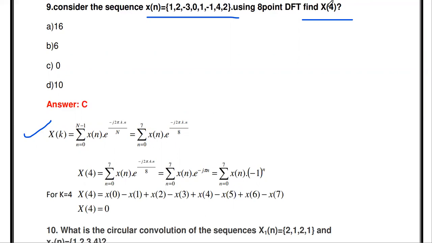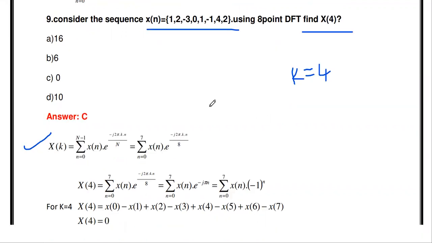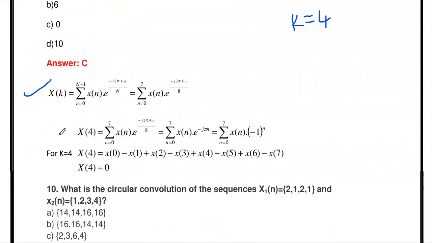Next, what is our question? Our question is to find capital X of 4. So what is capital X of 4? The k value equal to 4. At k equal to 4, we have to find the answer. So put k equal to 4 in the above equation. So x of 4 is equal to summation n equal to 0 to 7 x of n e power minus j2 pi 4n by 8.